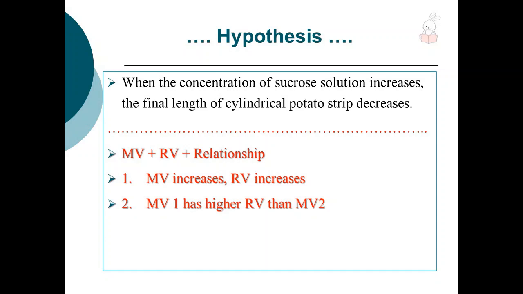For number two, the MV is without value, for example, the food samples. So if we have cashew nut and dry bread, we want to compare the energy value between these two samples, then the hypothesis is cashew nut has higher energy value than dry bread.